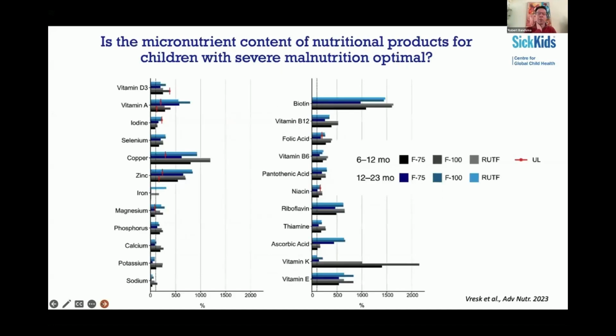Another area of research that's been hugely neglected is the role of micronutrients. So when F75 and the different formulations that are being used to treat severely malnourished children were developed, they were developed with micronutrient deficiencies in mind. So as you can see here, many of the micronutrients are given beyond the recommended daily intake, which is sort of the dotted line there.